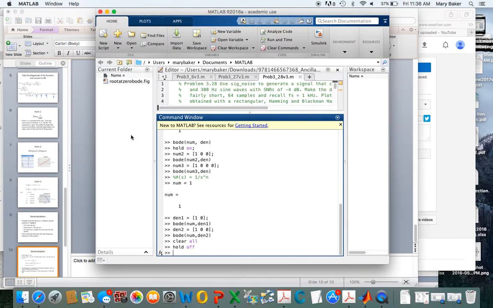Now let's start out with terms where we have in the numerator s plus a, and let's just let a equal 10. So if the numerator is s plus 10, then that would just be a 1 coefficient for s and a 10 for the constant. And the denominator will just for now be 1.